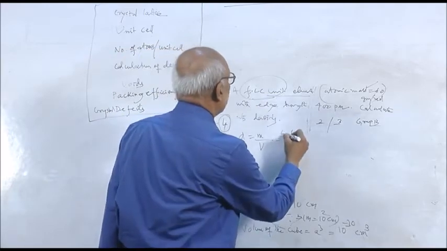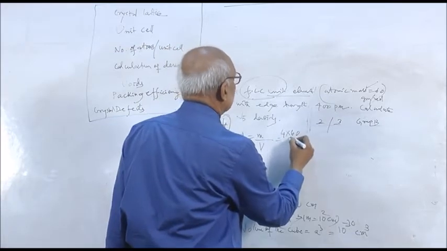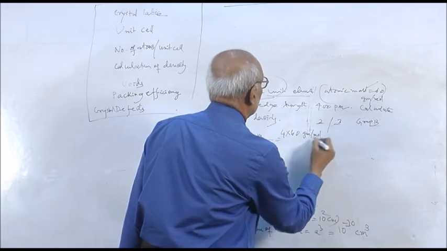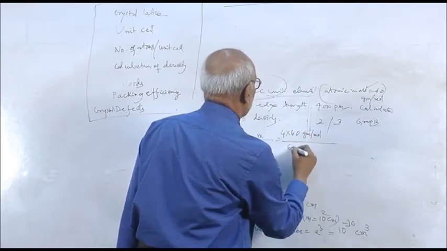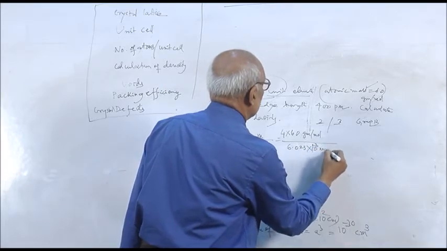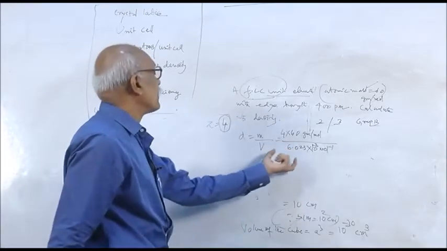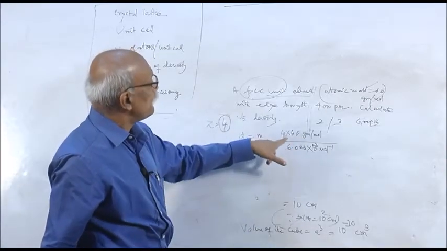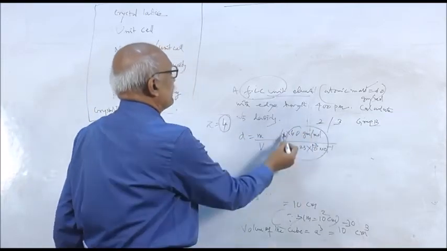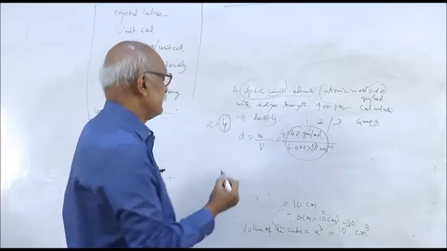So there are 4 atoms per unit cell, and one atom has a mass of 60 gram per mole divided by Avogadro number, 6.023 into 10 to the power 23 per mole, the number of atoms per mole. This is the mass of an atom, and there are 4 atoms present.